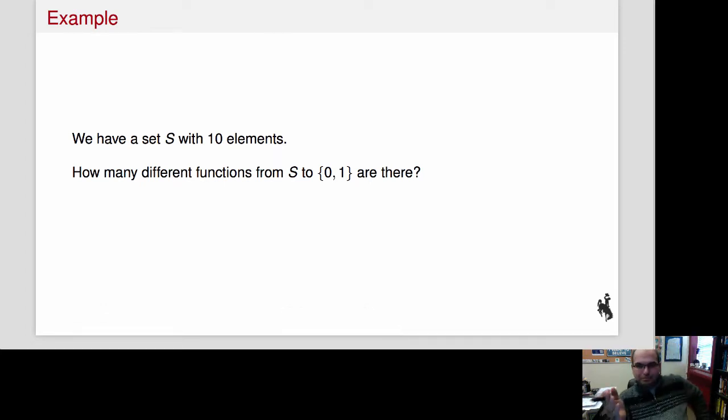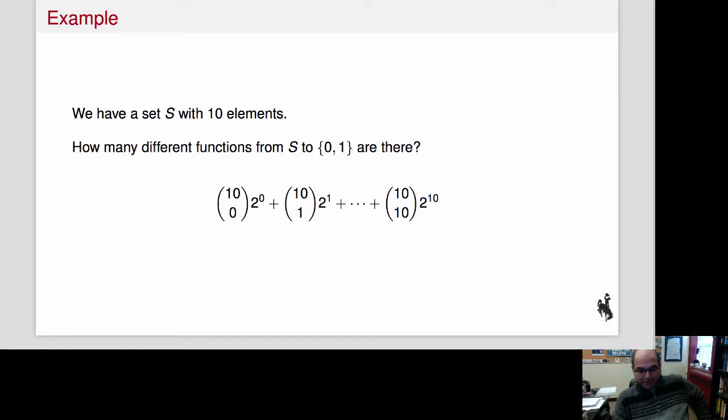All right, back to functions. I have a set that has 10 elements. How many different functions from S to {0, 1} are there? And here's the way that I'm going to count them.